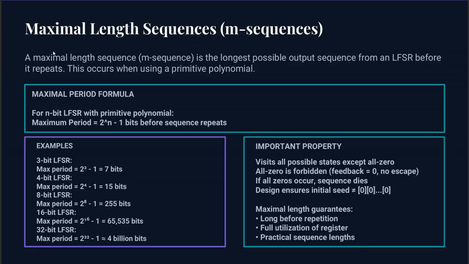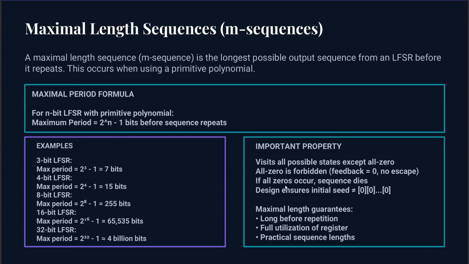Next we talk about the maximal length sequence. A maximal length sequence, also called an M sequence, is the longest possible sequence generated before repetition occurs. This happens only when a primitive polynomial is used. For an n-bit LFSR, the maximum period length is 2^n - 1. The reason for subtracting 1 is that the all-zero state is excluded.